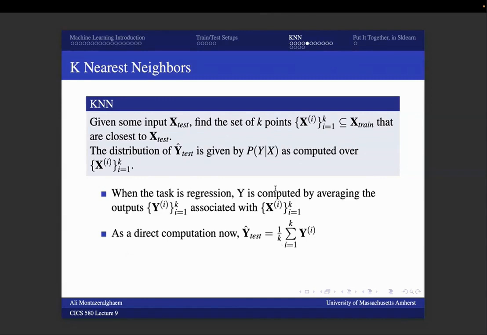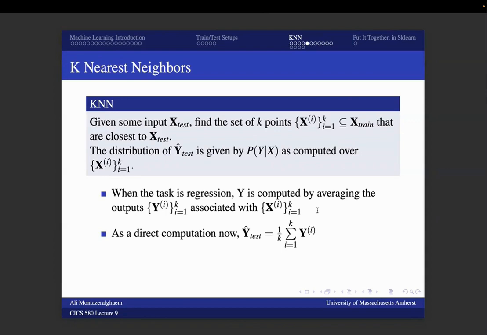And for the regression task, the predicted label can be computed by averaging the labels of the k nearest neighbors of the new data point.